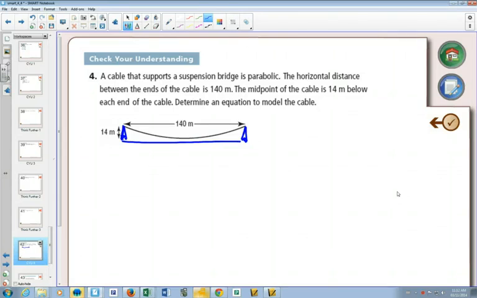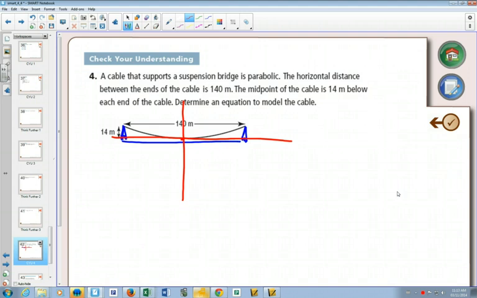The first thing that we're going to do to make this equation is decide how we are going to set up our axes, our x-axis and our y-axis, because this doesn't have any of that. And wherever we decide to put that, it's going to change our equation. Most commonly in a situation like this, people like to make their x-axis and y-axis so that maybe your vertex is right at 0, 0, because that makes life a little bit easier.